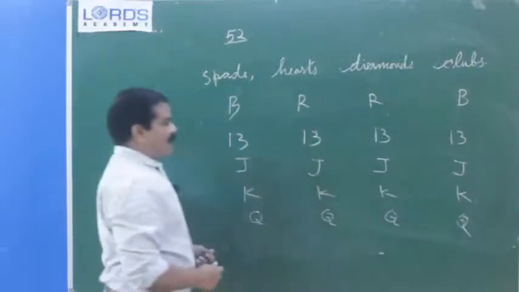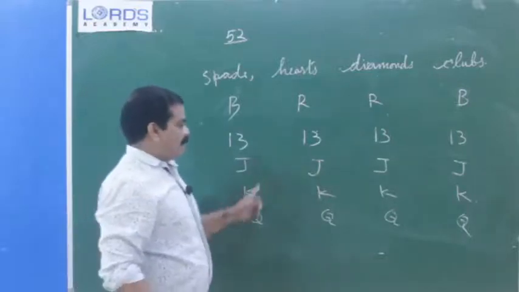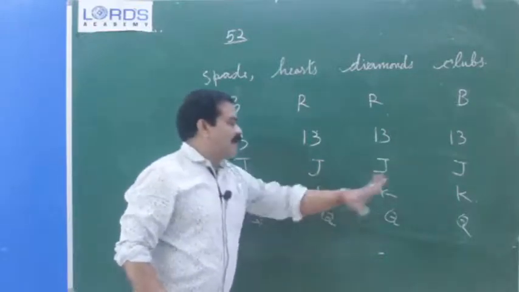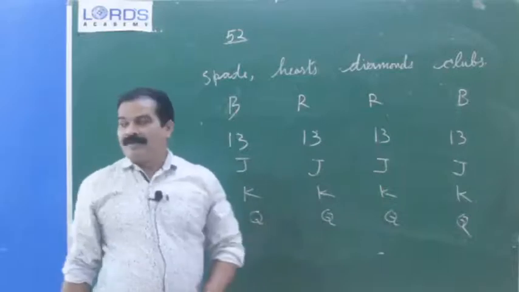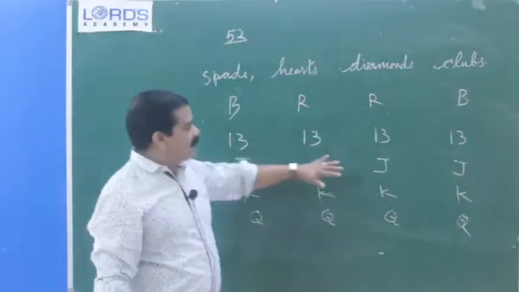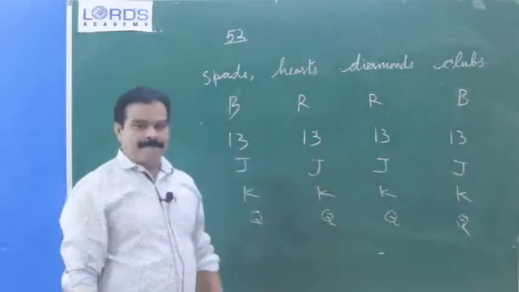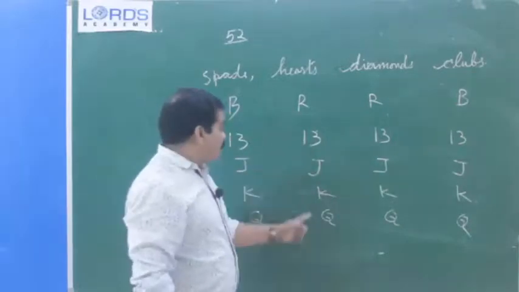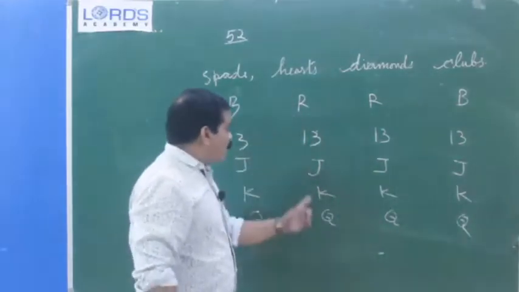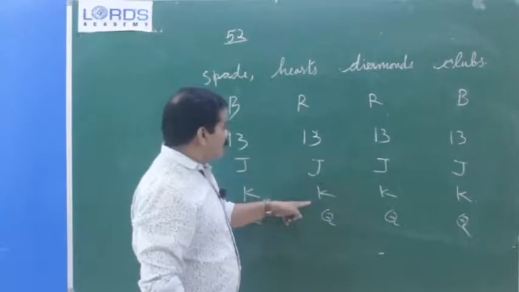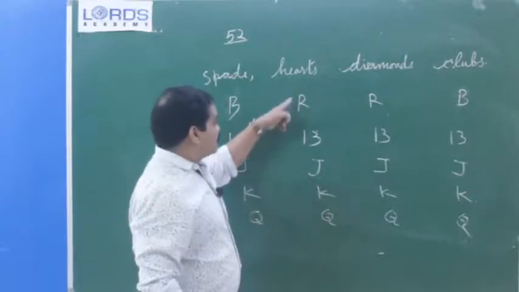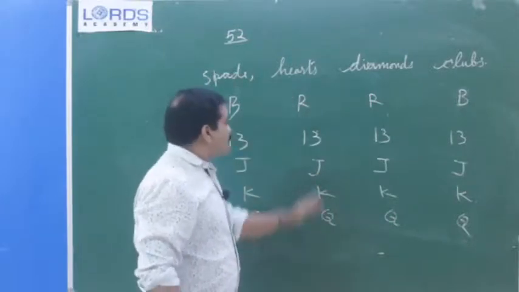Then how many face cards are there? 4 into 3, 12 face cards are there. You should have an idea about that also. Also you have to find that 13 hearts, all their cards are red.